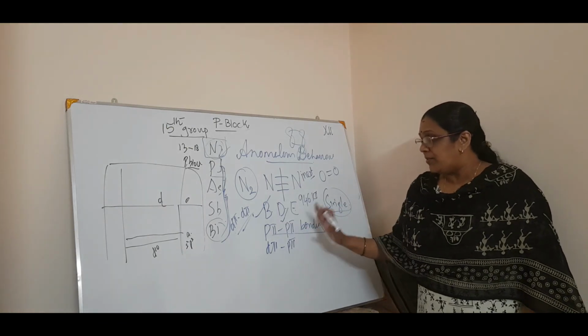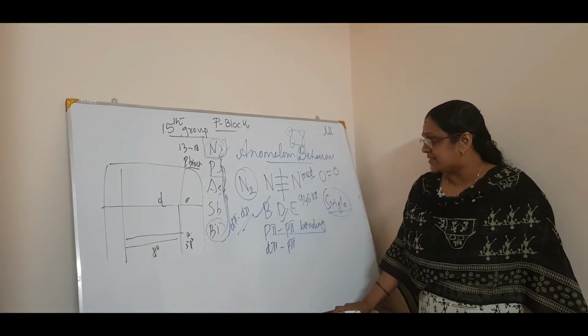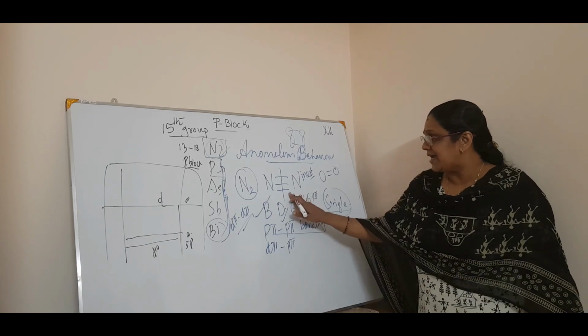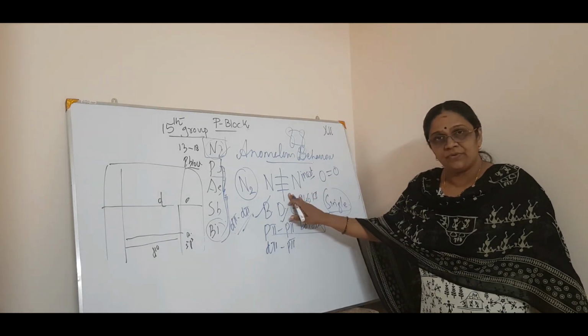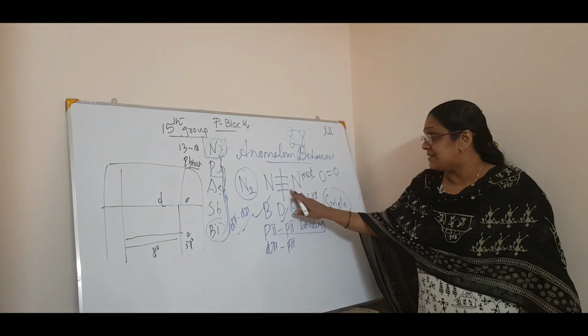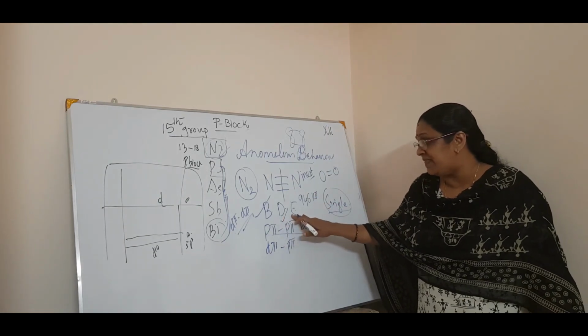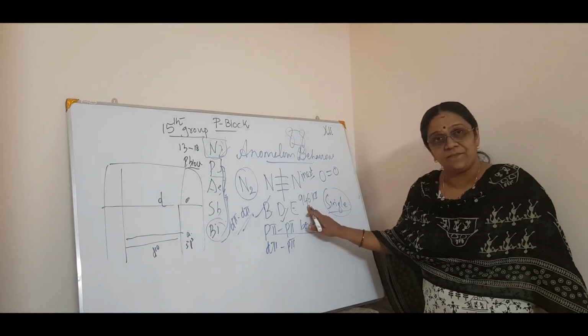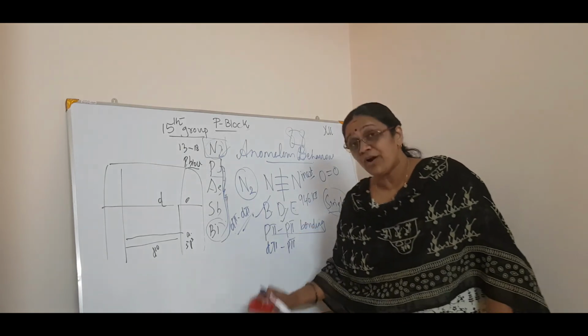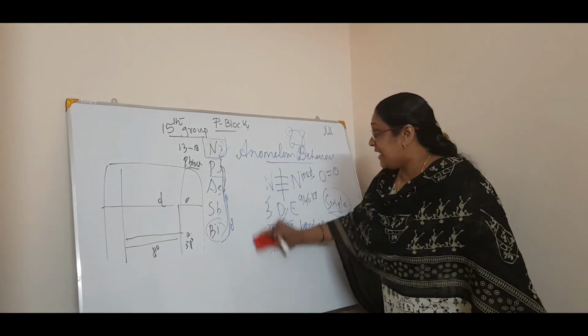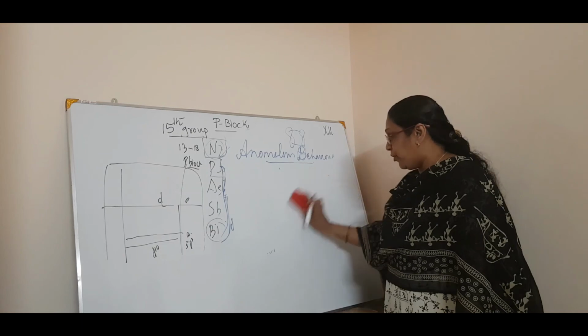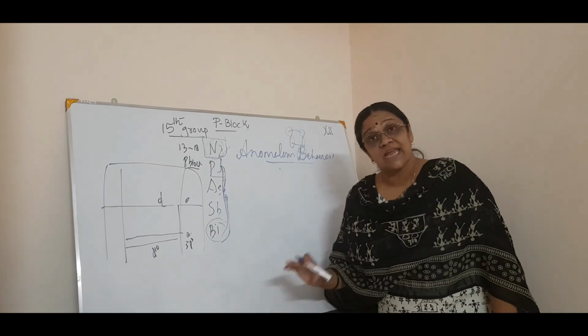Now, one more thing I want to discuss is that this nitrogen triple bond is there. Okay, and we said that the bond dissociation enthalpy is very high. Now, nitrogen has a triple bond, and I told you that it is stable.